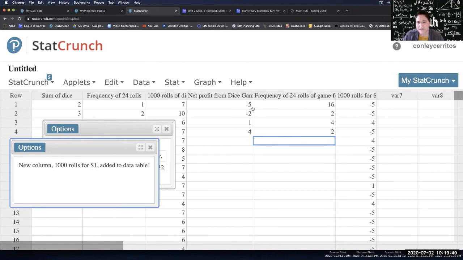To get the mean, in a perfect world scenario of 24 games, I would lose $5 exactly 16 times. I would lose $2 2 times. I would make $1 4 times, and I would make $4 2 times.